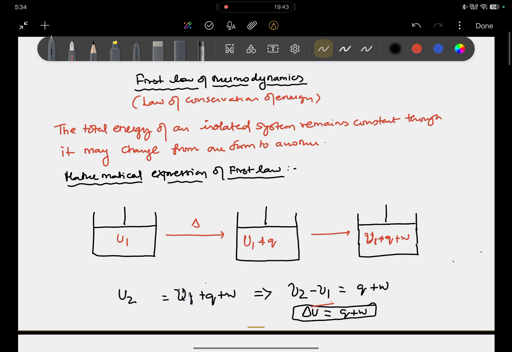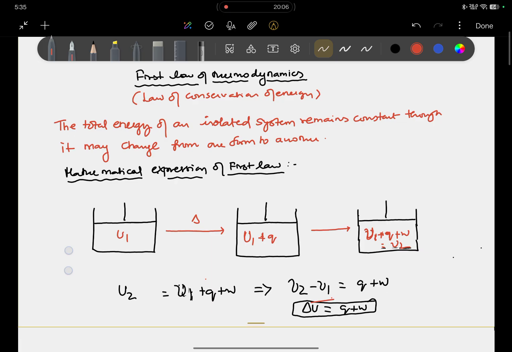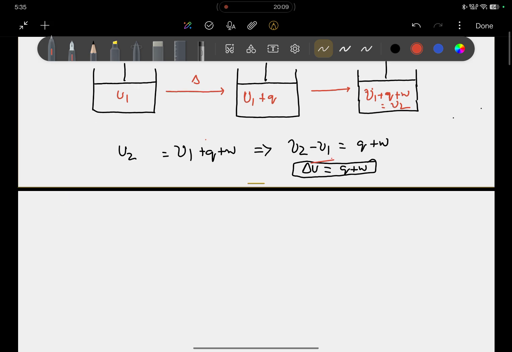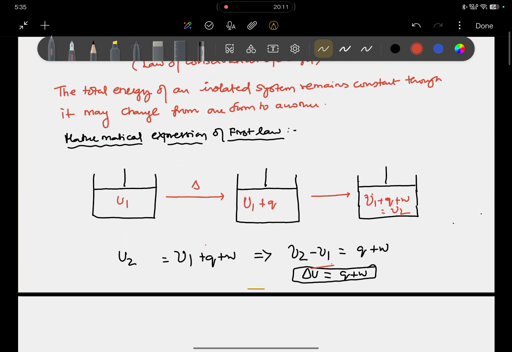U2 minus U1, correct? So U1 plus Q plus W is equal to U2. So U2 is equal to U1 plus Q plus W. So U2 minus U1 is delta U, that is Q plus W. This is how the mathematical expression is derived. Copy, ma?